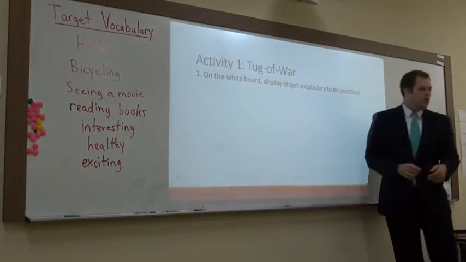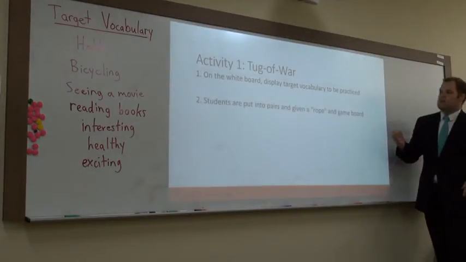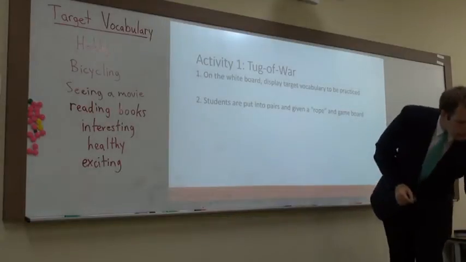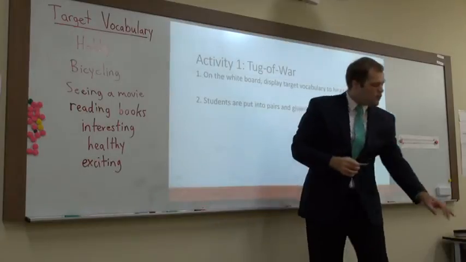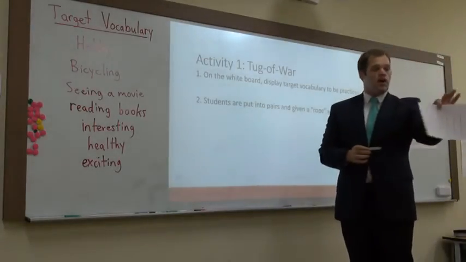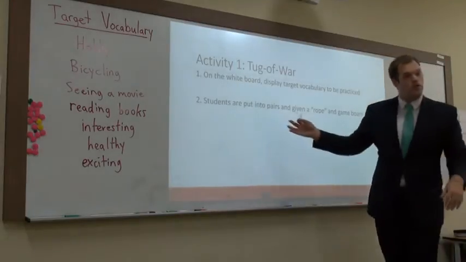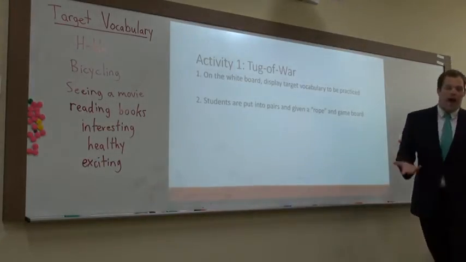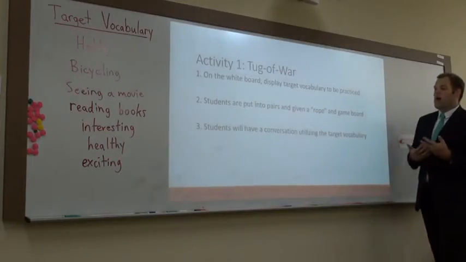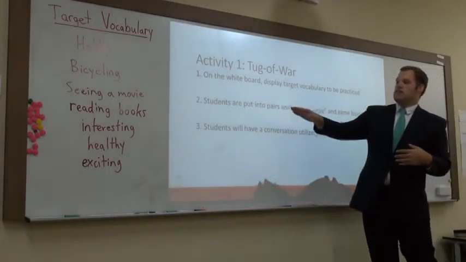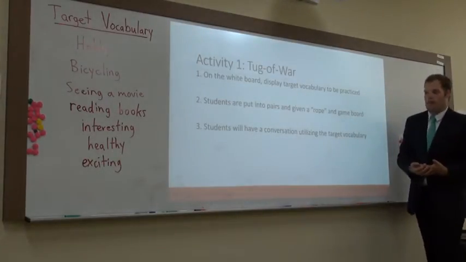Okay? After you have your target vocabulary on the board, put students into pairs and you give them a rope. See here, it's a cute little rope. I have a bigger one here. And you give them a score card. Right? These are the tools they will use to play the game. I will show you how in a moment. As the students are playing the game, they are going to be having a conversation utilizing and practicing the target vocabulary that you have taught them.